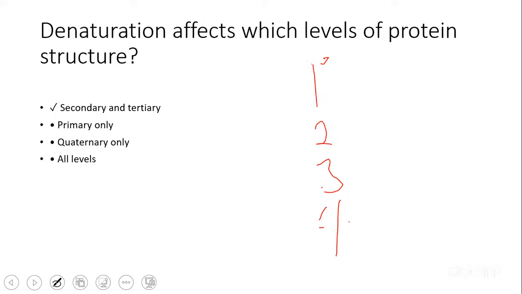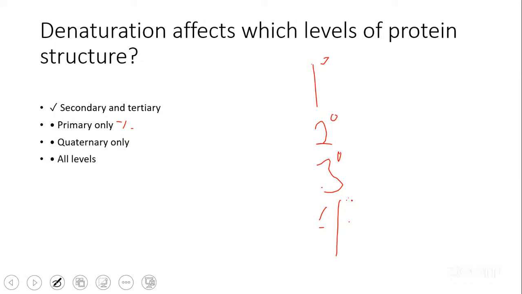So primary only, wrong. Secondary can be denatured to become primary. Tertiary can be denatured to become primary. Quaternary structure can be denatured to become primary. So option B is wrong.